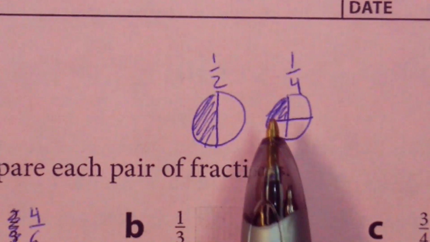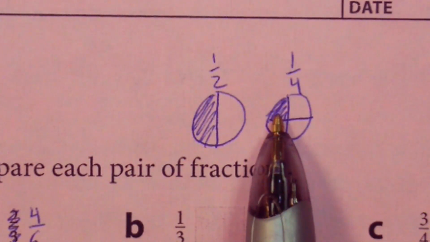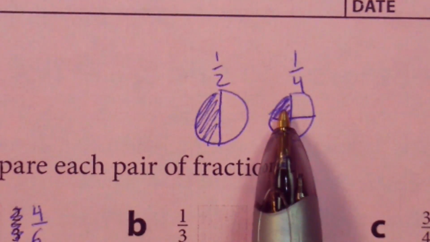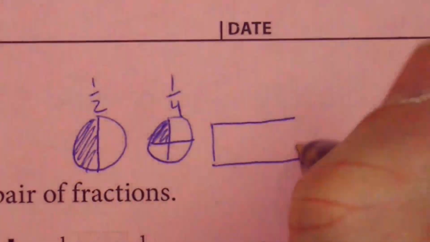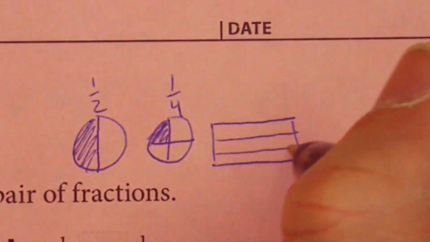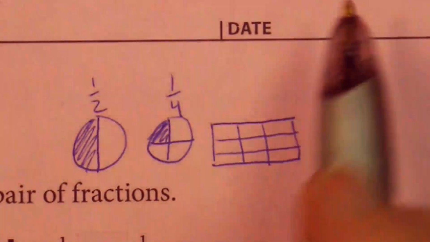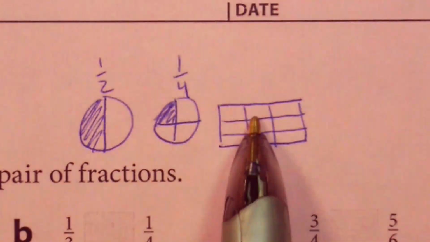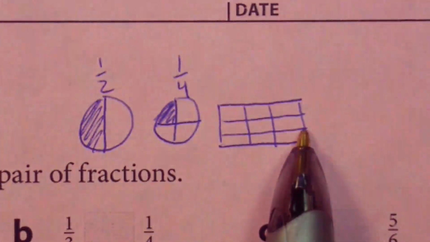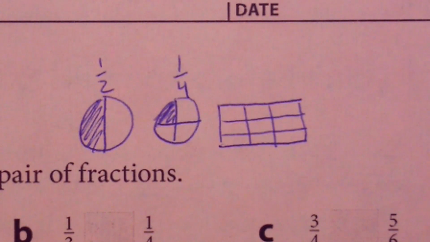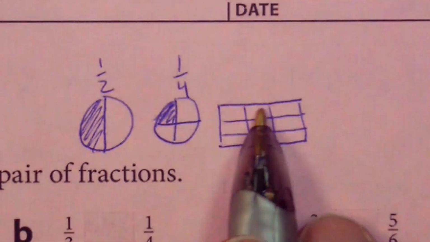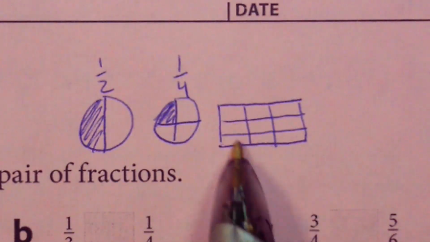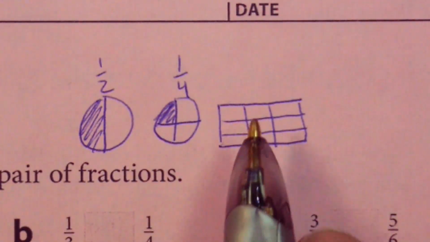So that's proof that the bigger the bottom number, the smaller the piece. Now, if you want to get even more clever with it, think about anything you might share with somebody, like a candy bar. Like, I love Hershey bars, right? And I don't exactly remember how they look, but maybe they look something like that. The more pieces I cut it into, the smaller they get, right? So if you had to choose whether you wanted 2 out of 9 pieces or 6 out of 9, well, you know how to do it that way.